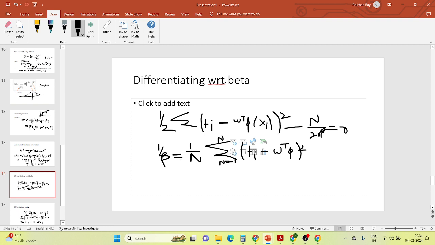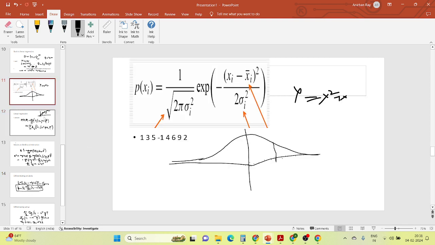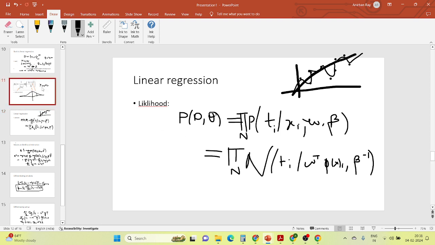So I have the expression for the value of the noise, which means the variance of the noise. Beta here is the variance of the noise.